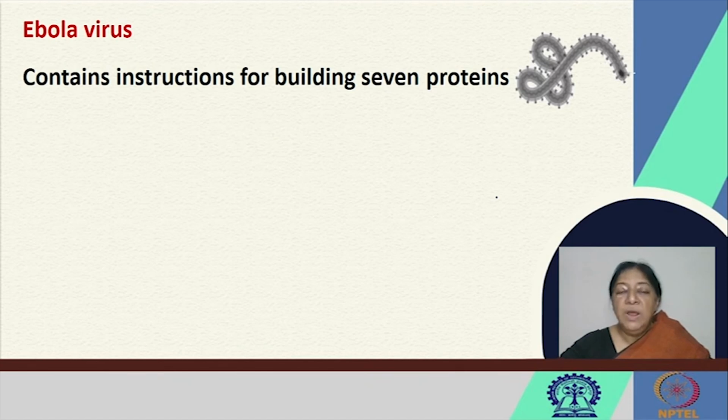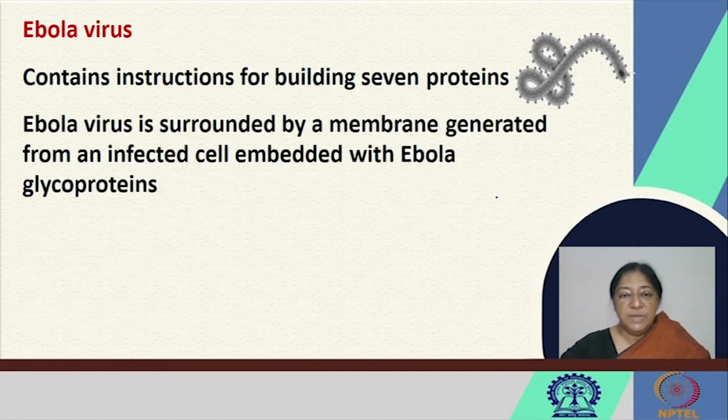In the Ebola virus, the genome contains instructions for building 7 proteins that are required for its replication. So the Ebola virus is surrounded by a membrane that is generated from an infected cell embedded with Ebola glycoproteins.